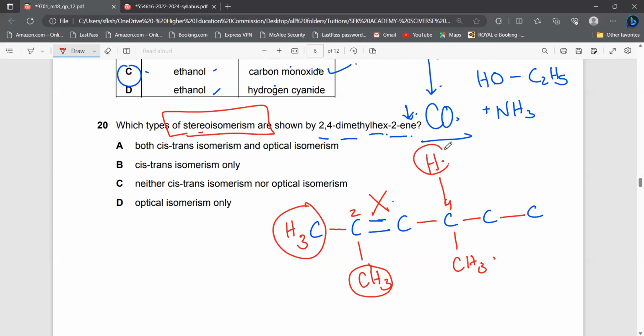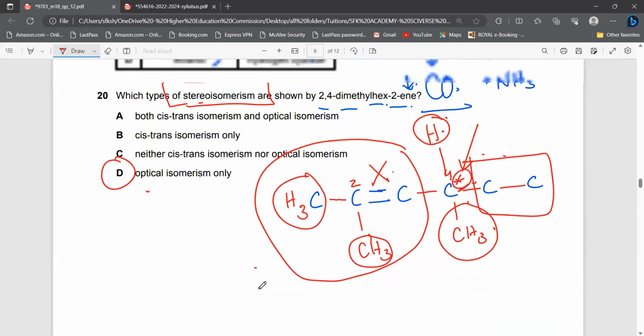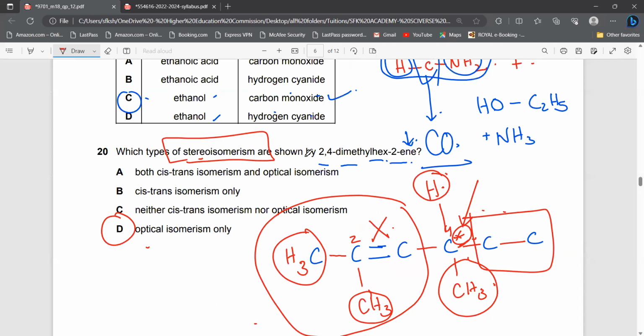Let's look at them. We've got a hydrogen, you've got this entire group, you've got a methyl group, you've got this entire group. All four groups are different, so this has to be a chiral carbon or chiral center. Therefore, it will only show optical isomerism. So optical isomerism only. Okay, that's it for this video, and I'll continue in the next video.